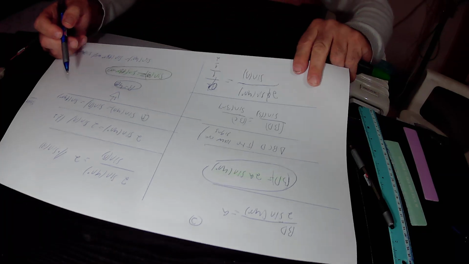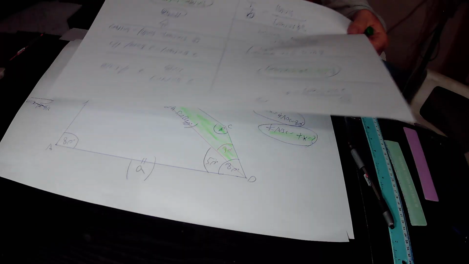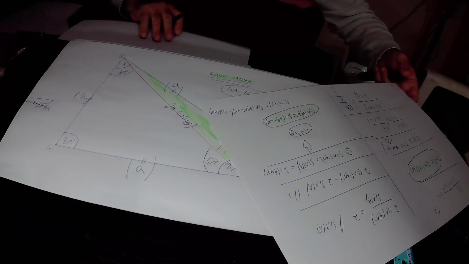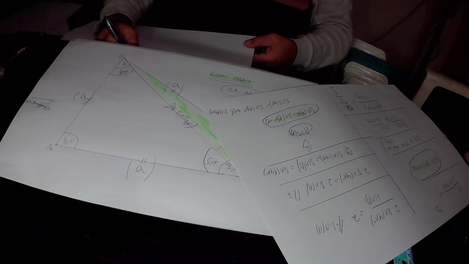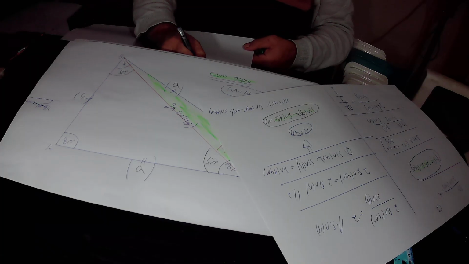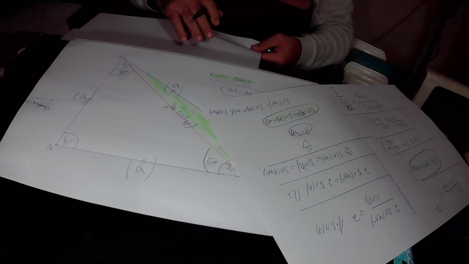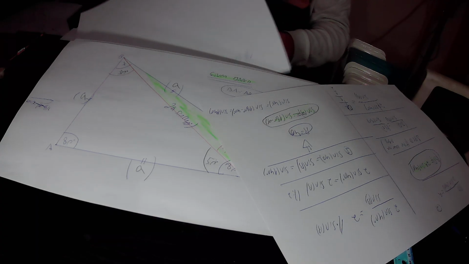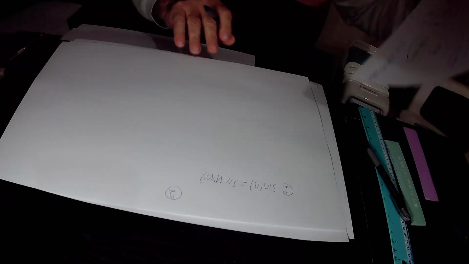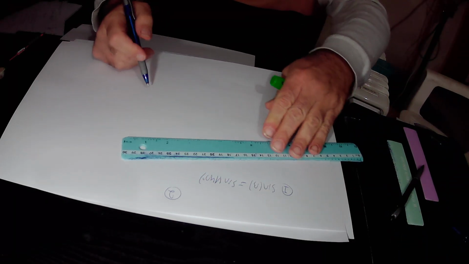So I should now know that sin beta equals sin 140 degrees. If sin beta equals sin 140 degrees, it means that beta equals 140 degrees.